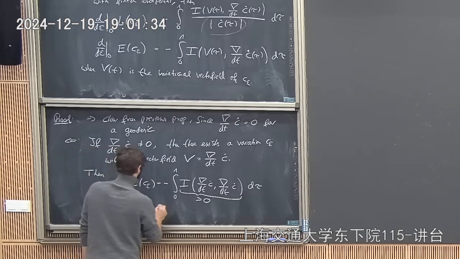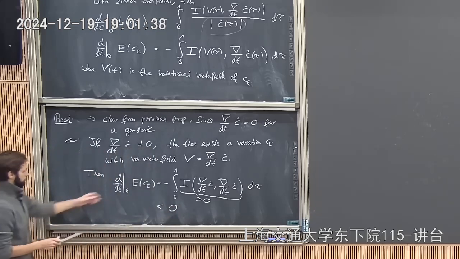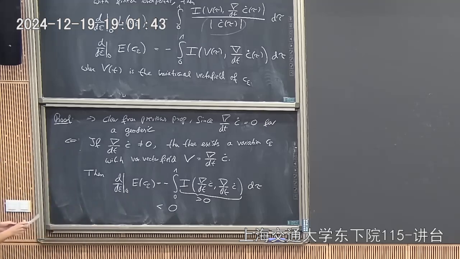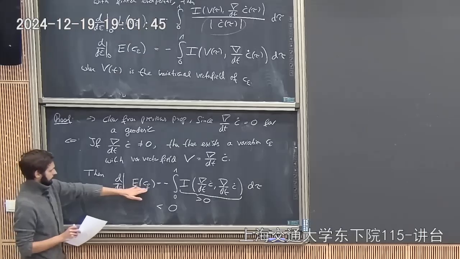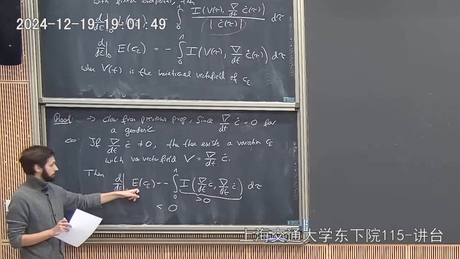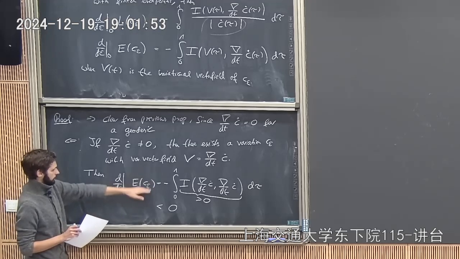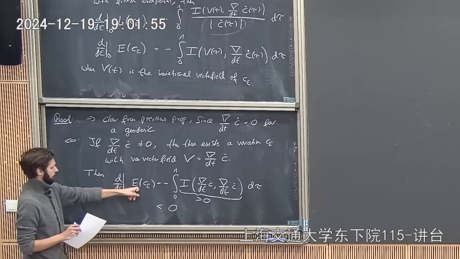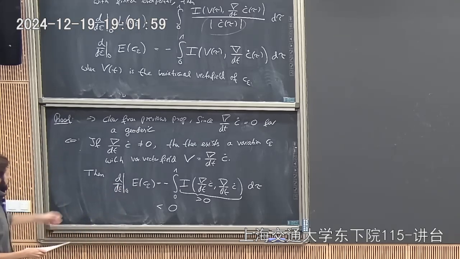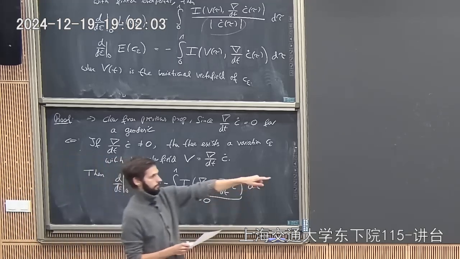So the energy variation is strictly negative. And that means that along this C of ε, we actually decrease the energy. So if you slightly change C in the ε direction, then you actually get less energy. But that was not possible because by assumption C of ε was an extremal.